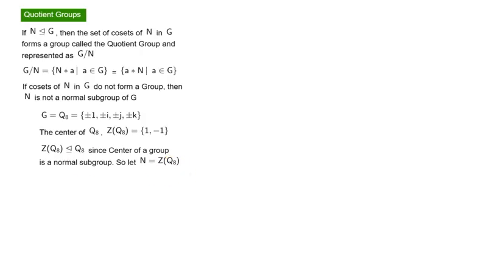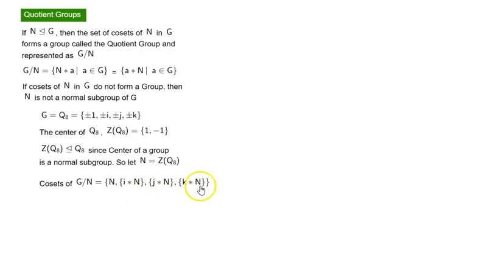So now let's look at the cosets. The cosets of G slash N, that is the quotient group, is equal to the subgroup itself, N, IN, JN, and KN.